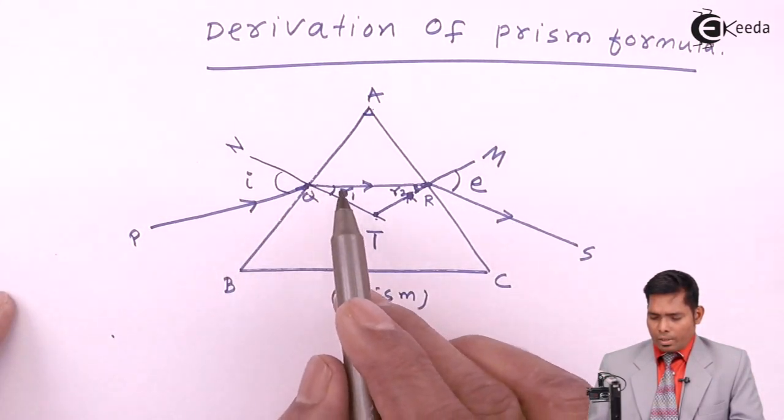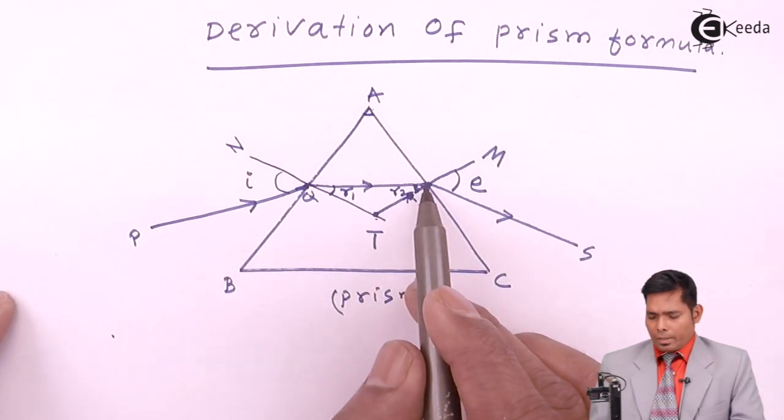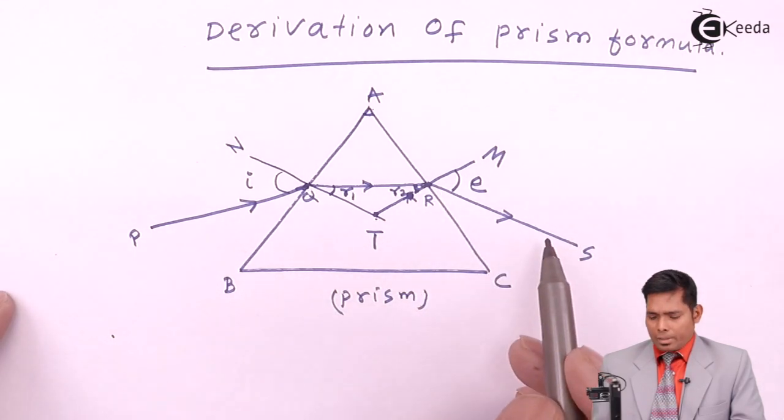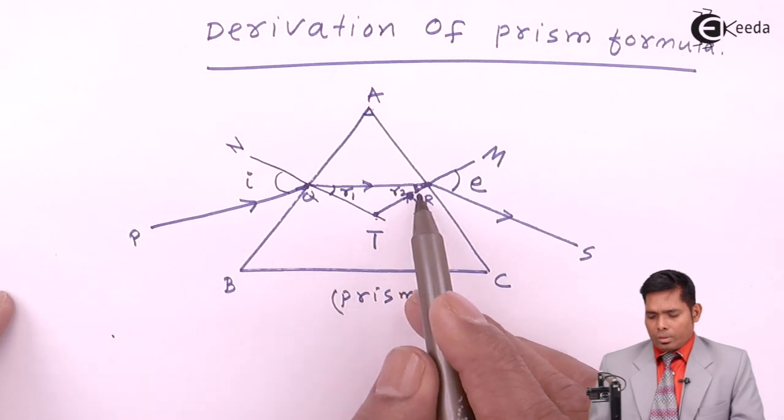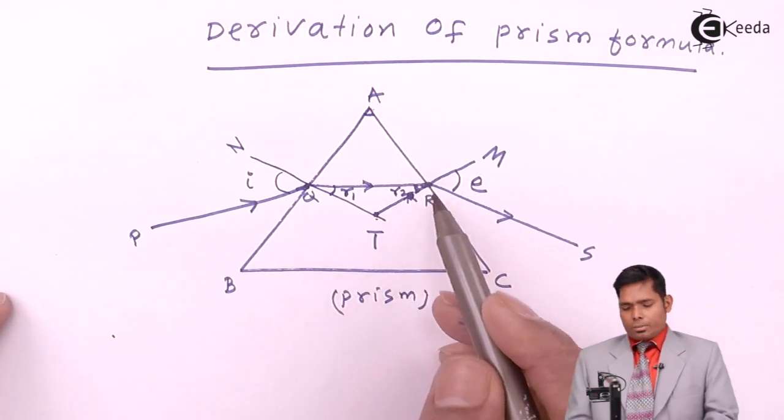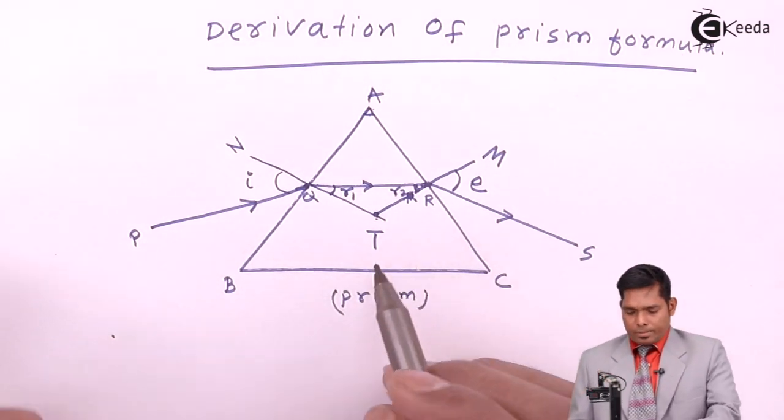PQ is the incident ray, QR is the refracted ray, and RS is the emergent ray. I is the angle of incidence, R1 is the angle of refraction, R2 is the angle of incidence for this face, and E is the angle of emergence.